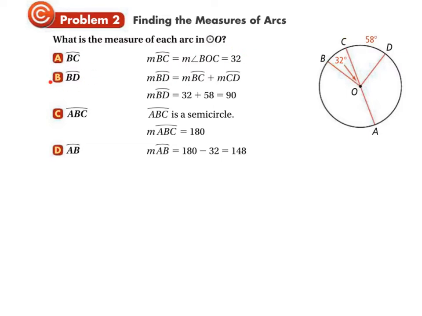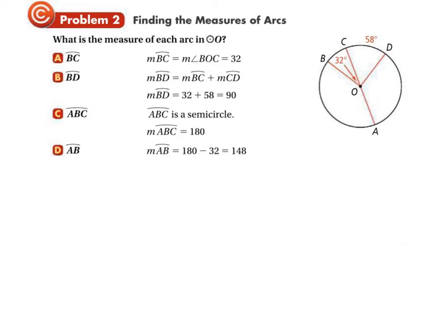What is the measure of arc BD? Arc BD right here is the sum of these two smaller arcs that are adjacent. So arc BD is just the measure of arc BC plus the measure of arc CD, and 32 plus 58 is 90, so the measure of arc BD is 90.